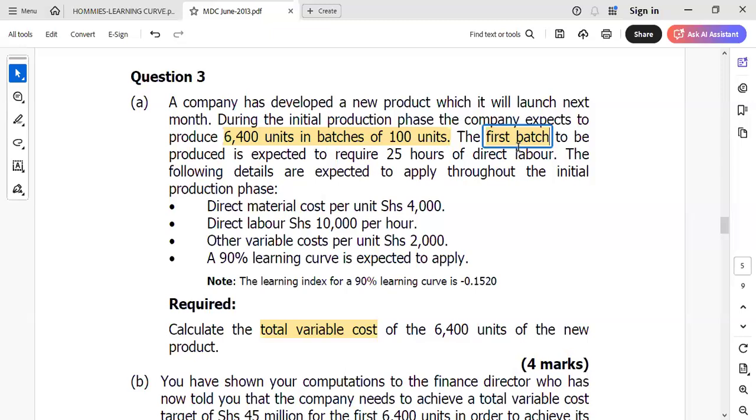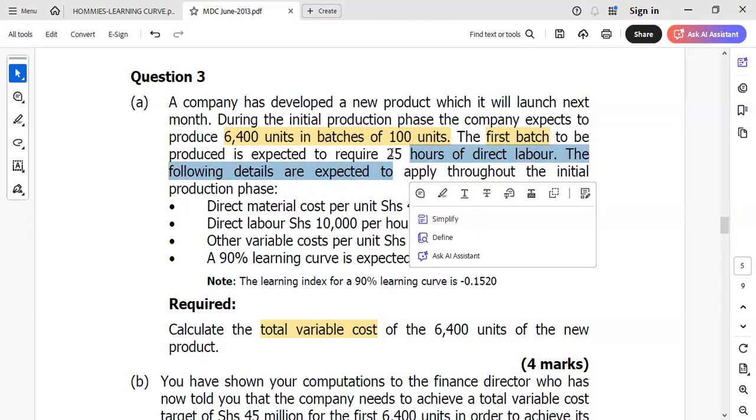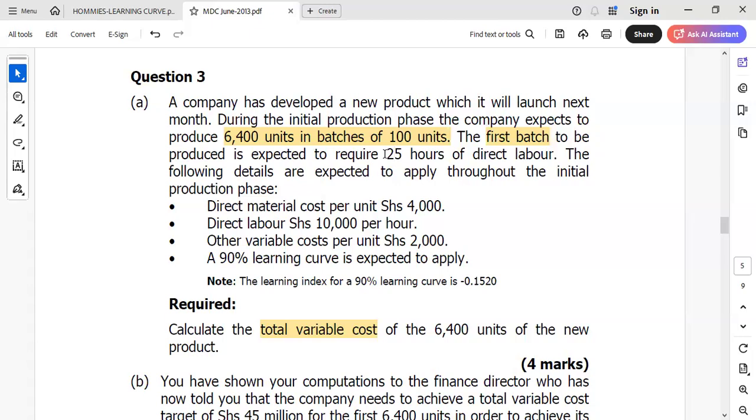The first batch to be produced is expected to require 25 hours of direct labor. So you have the time: the time expected to produce the first batch is 25 hours.